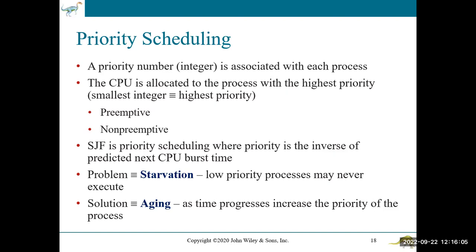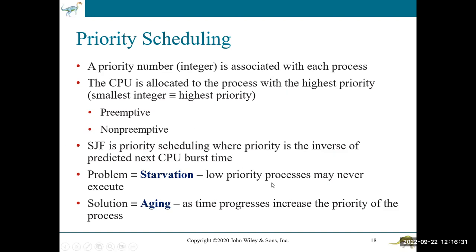And as a process ages, its priority increases. So priority scheduling is a way to ensure that there's a balance between preemptive and non-preemptive processes. So what are we saying?